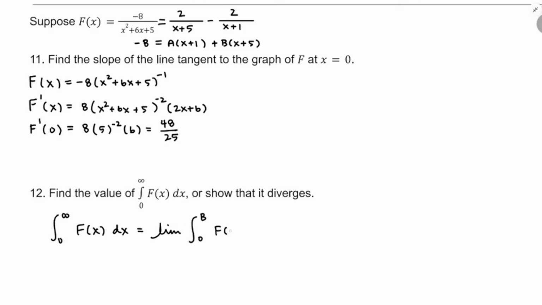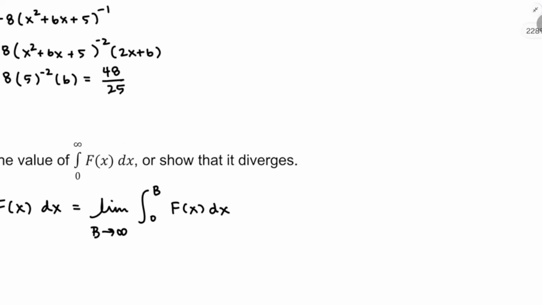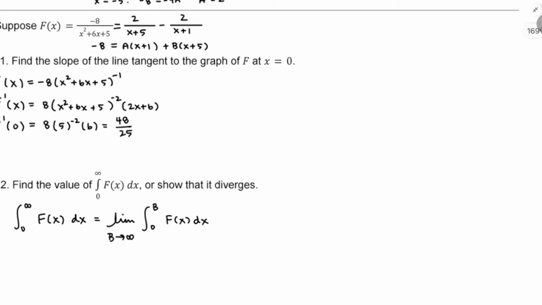I'm just going to call it f. Okay, we need a limit of an integral. I'm going to do the antiderivative step off to the side. 2 over x plus 5 minus 2 over x plus 1.